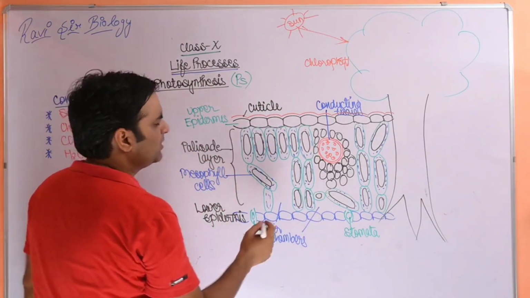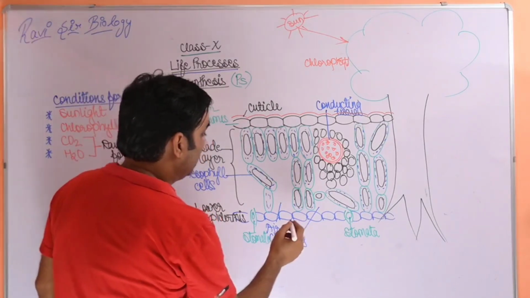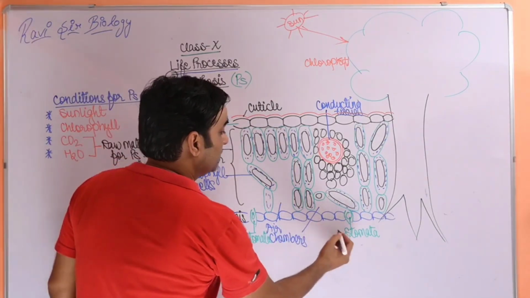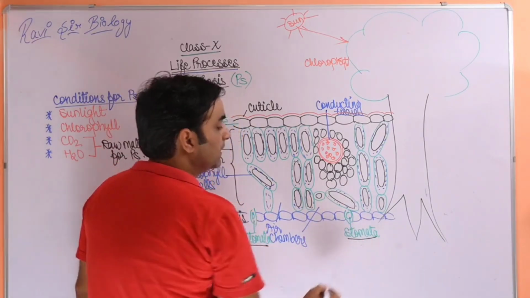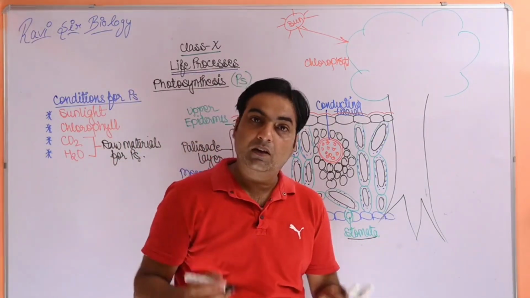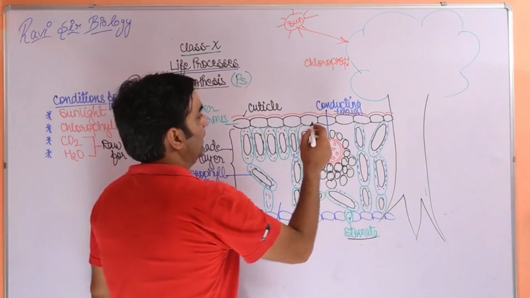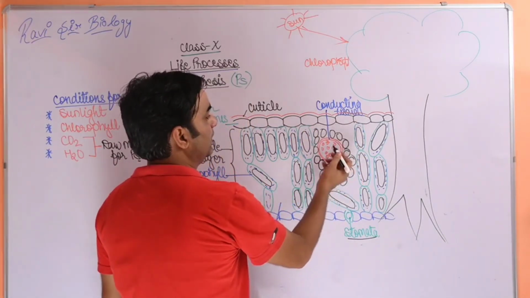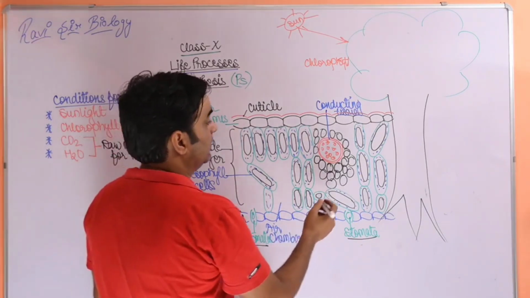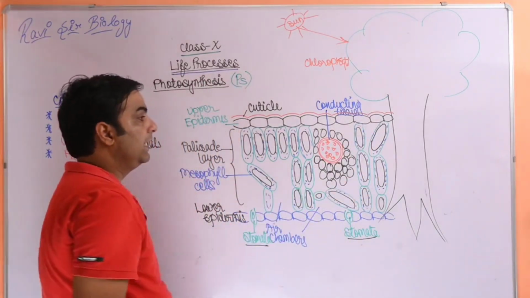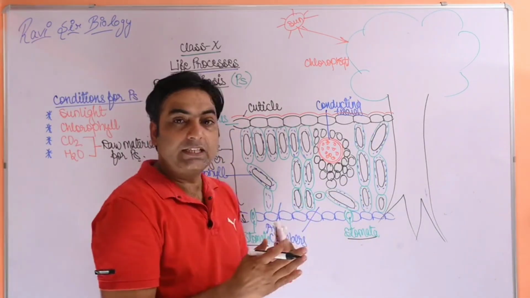Waterproofing is the main function of the cuticle. And the lower epidermis has some pores at intervals. These pores are stomata, which are used for photosynthesis. And the conducting tissues are there. Along with this, some gaps are there, called air sacs or air chambers, and that is why it is the spongy layer.